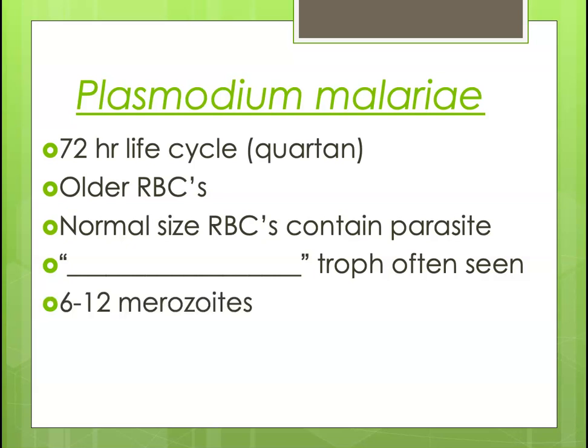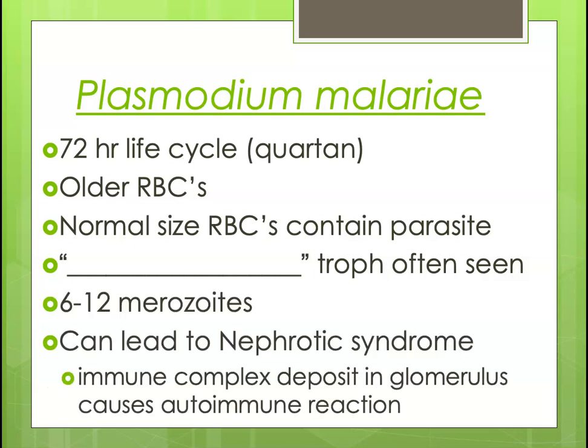Okay, on to malariae. This is also called quartan malaria, or quartan fever, because it has a 72-hour life cycle, which means the invasion of new RBCs begins on the fourth day.